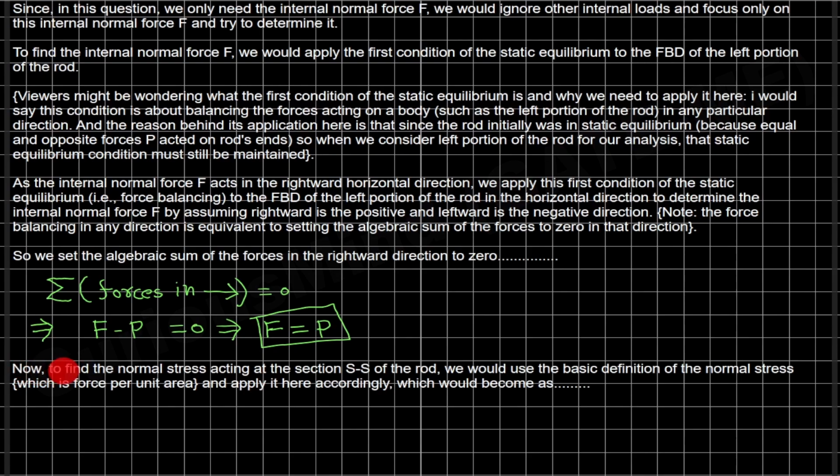Now to find the normal stress acting at the section SS of the rod, we would use the basic definition of the normal stress, which is force per unit area, or the ratio of the force and the area on which the force acts perpendicular to that force.